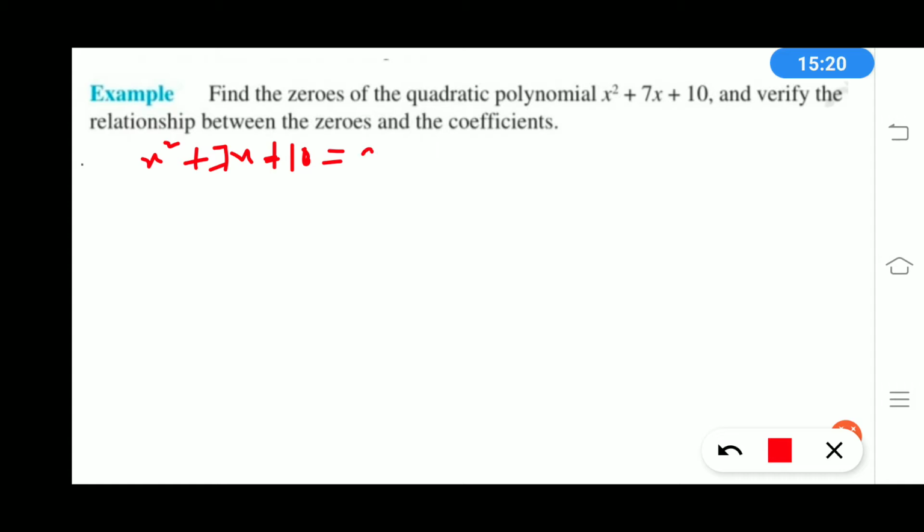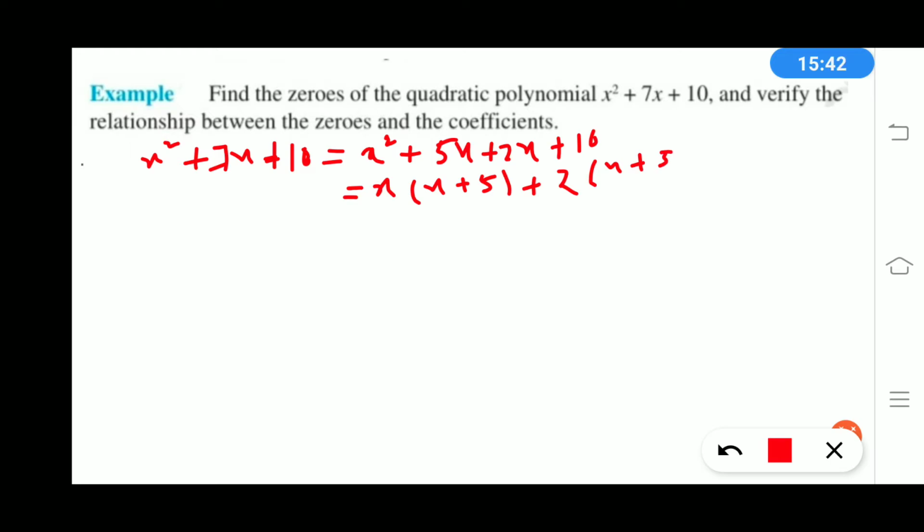So this can be written as x square plus 5x plus 2x plus 10. Clear? If we take x common, then x plus 5, plus common 2, then x plus 5, so the factors are x plus 5 and x plus 2.